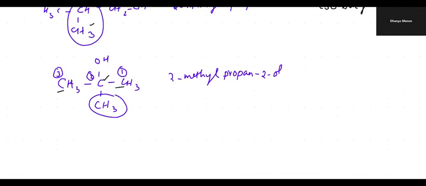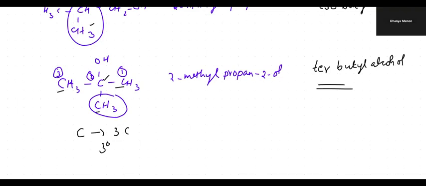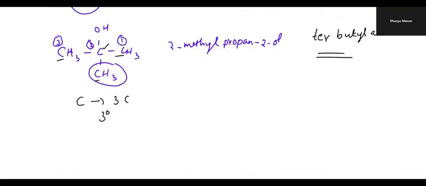In such a case, when a carbon atom is surrounded by 3 carbon atoms, it is called tertiary. So we call it tertiary, and in common name, we consider all the carbon atoms, 4 carbon atoms. Tertiary butyl alcohol. Suppose they might give you a question like, what is the IUPAC name of tertiary butyl alcohol? Just in case you don't know how to draw, it is difficult, right?